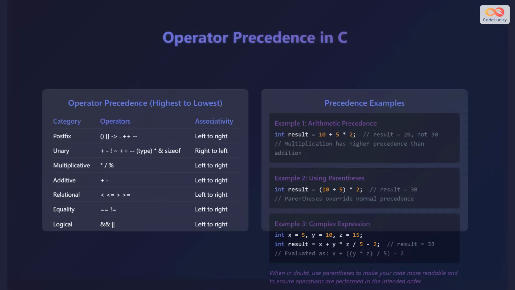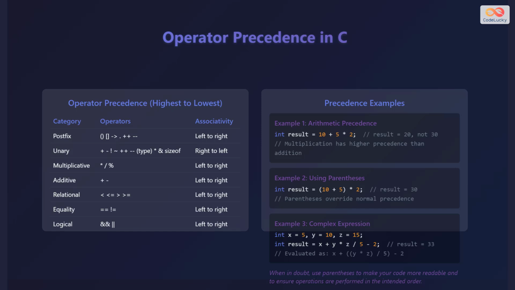In C, operator precedence determines the order in which operators are evaluated in an expression. It's crucial to understand this order to ensure that expressions are evaluated correctly. The table presented here summarizes the precedence of operators from highest to lowest. Operators in the same category have the same precedence.